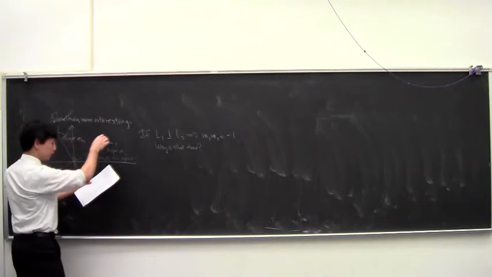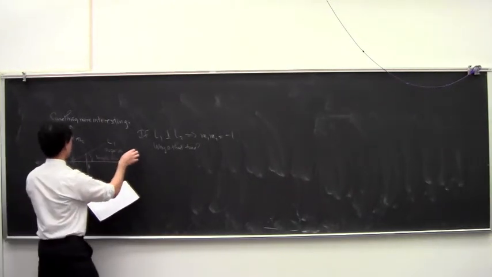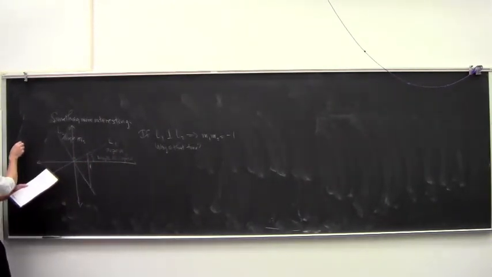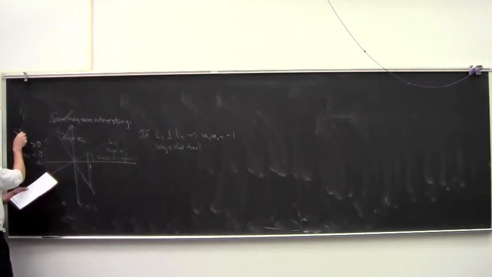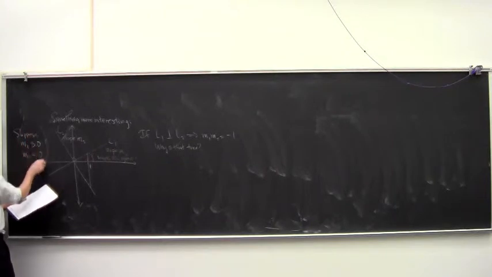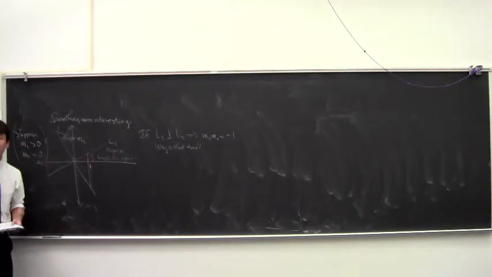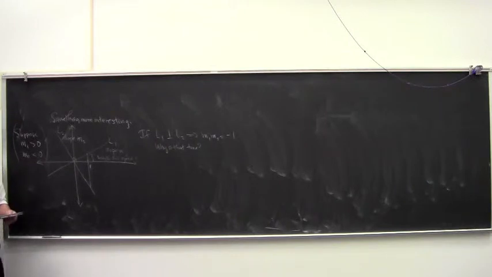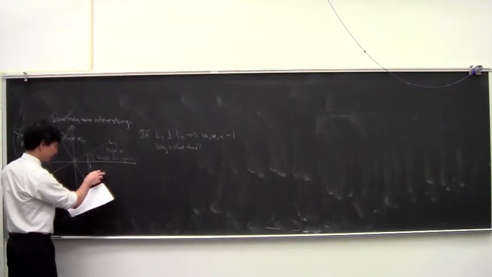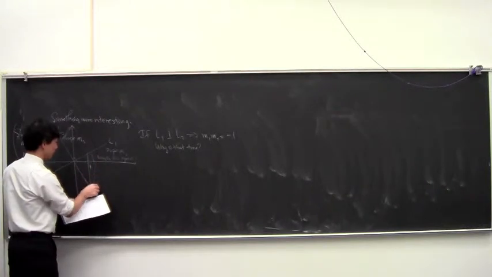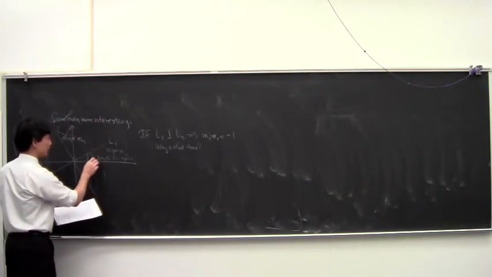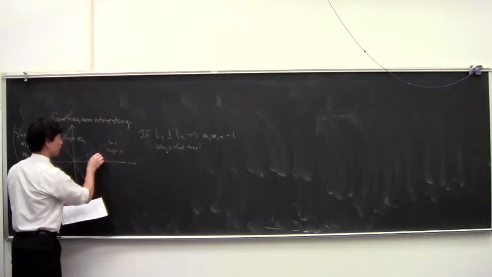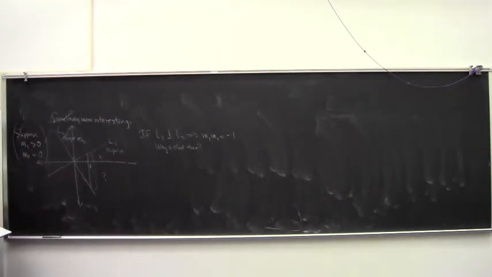In this picture, let's say that m1 is positive and m2 is negative. So what are the lengths of these segments? Take a minute, or half a minute, and see if you can tell me.